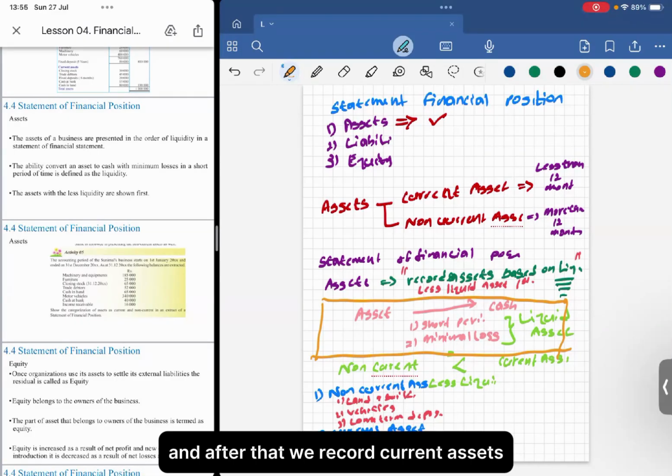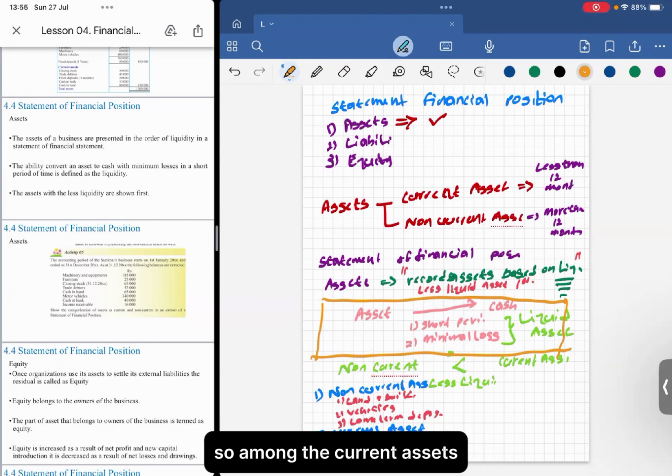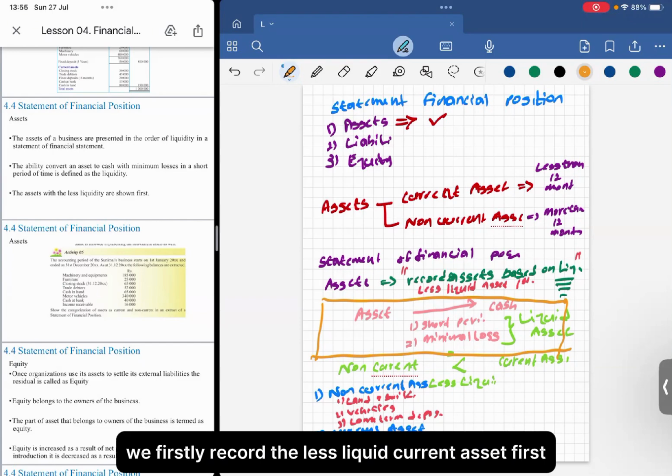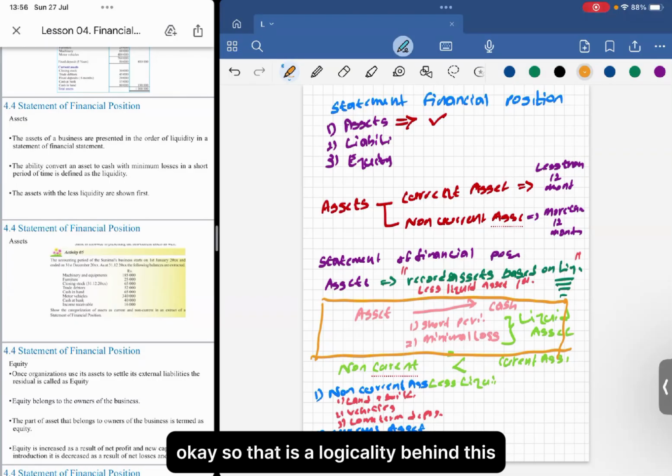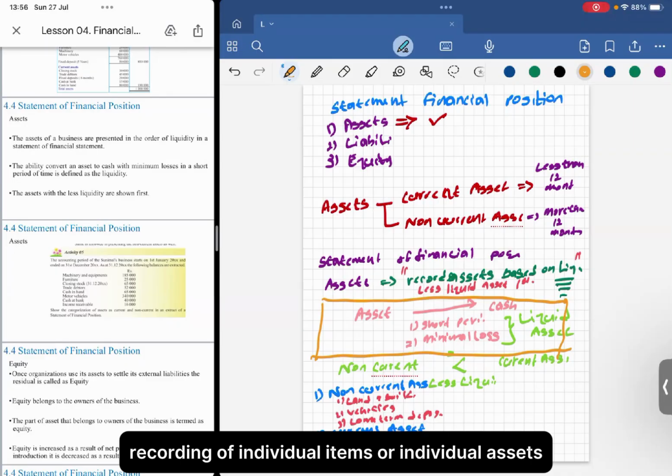And after that, we record current assets. Among the current assets, we record the less liquid current asset first. A highly liquid current asset is recorded last. So stocks are less liquid compared to debtors, and debtors are less liquid compared to cash. So that is the logic behind the recording of individual assets.